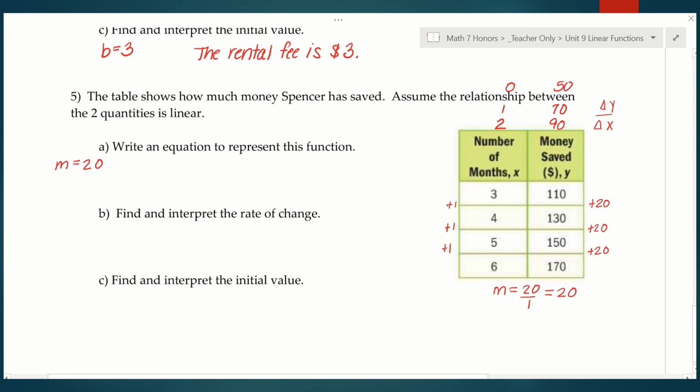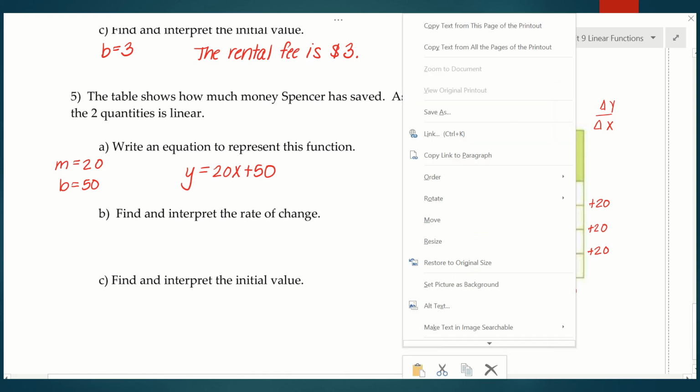So that's kind of a nice way to bypass the whole plugging it into y equals mx plus b and solving for b. Again, if you don't like that, you're welcome to do it the same way we did examples 3 and 4. Take a point, take the slope, plug it in, and solve for b. Okay, but now that I have both pieces of information, there is my equation.